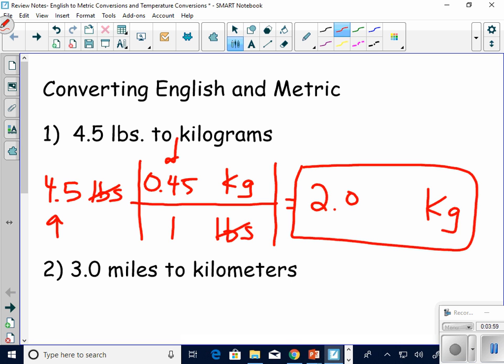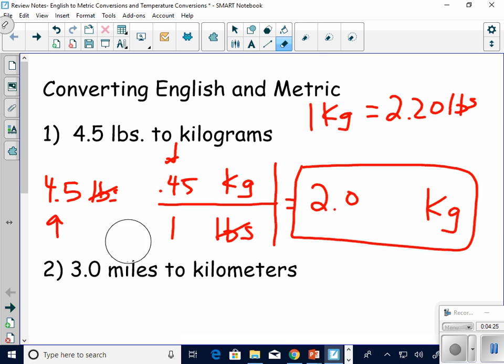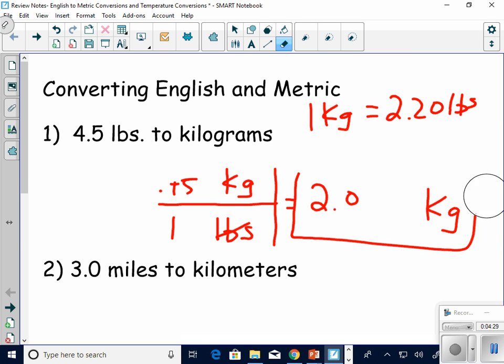Now, there's another way that you could do this one, because if you would research on the internet and say, okay, pounds to kilograms, it might tell you that 1 kilogram is equal to 2.20 lbs. So if I were going to do this in a different way, I'm just showing you that my numbers are all going to work out the same.